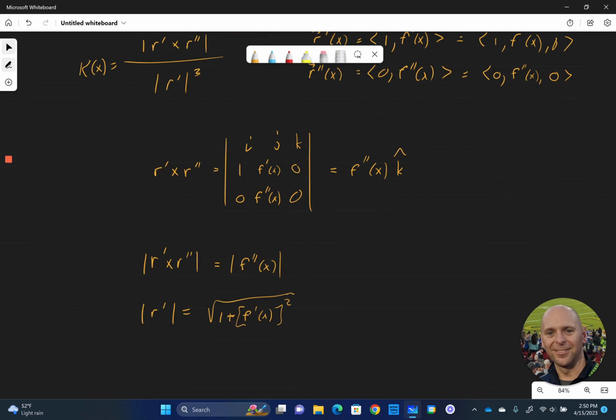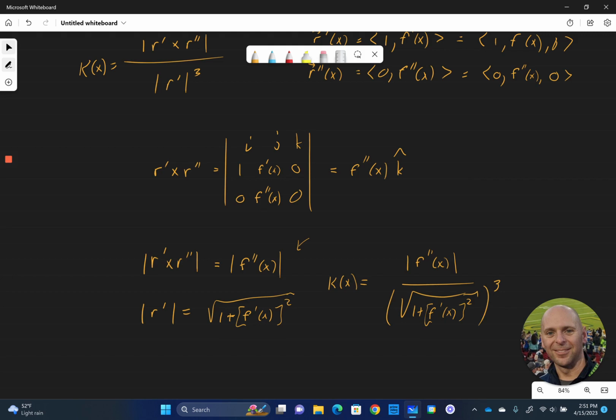And now to form the curvature, k of x is going to be equal to the cross product, which is the absolute value of f double prime of x, divided by the square root of 1 plus f prime of x squared. And of course, we're going to cube all of that as part of our formula.